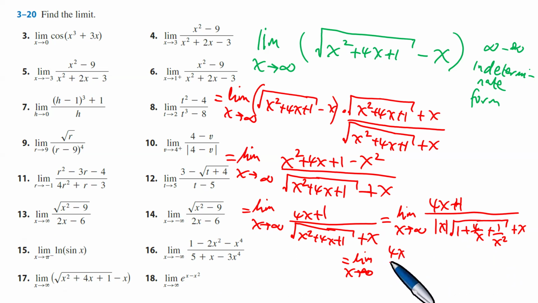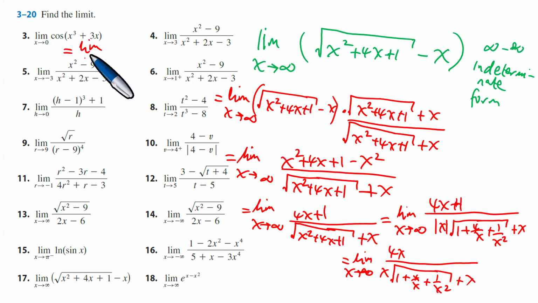Right, and then we have 4x, we divide by, okay, as x approaches infinity, the modulus of a positive number is just x. If x is positive as x approaches infinity, which is 1 plus 4 over x plus 1 over x squared. So in the end, you pull out x, which is the limit.